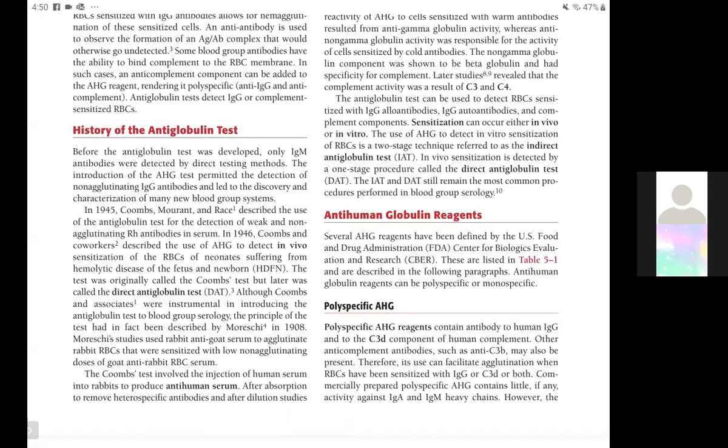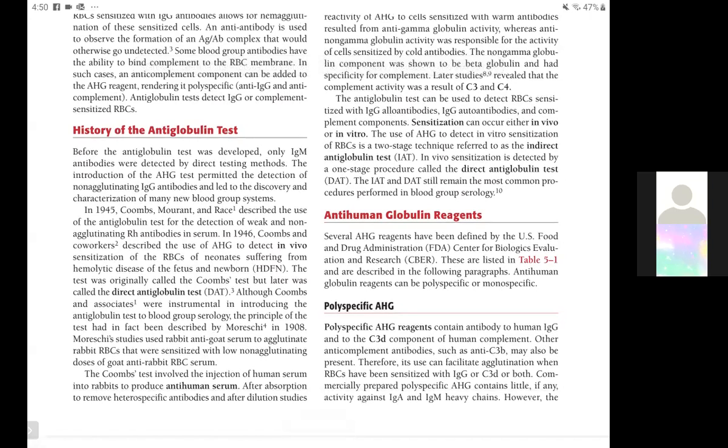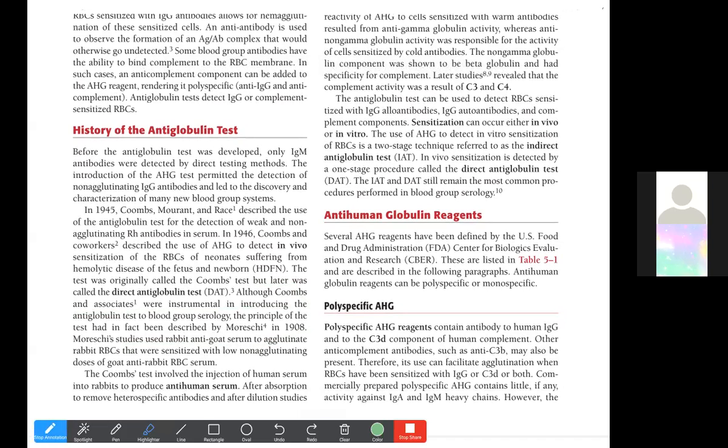Now, sensitization can occur either in vivo or in vitro. So basically we have this AHG, this anti-globulin reagent or the anti-IgG reagent. It can react both with these gamma globulins and with the beta globulins, which are the complement factors C3 and C4.